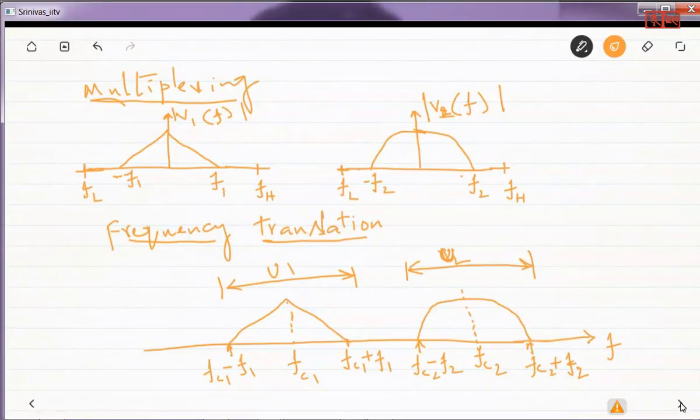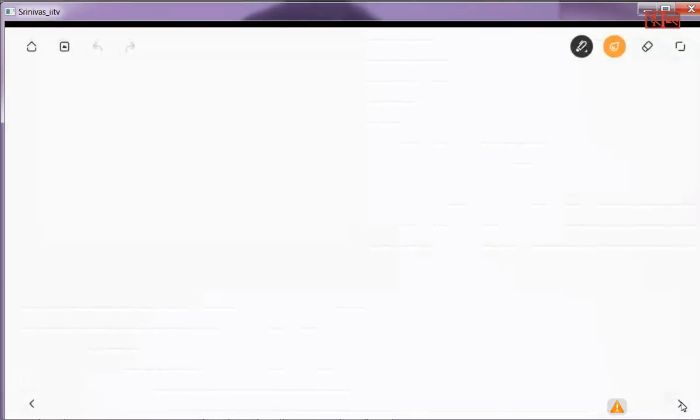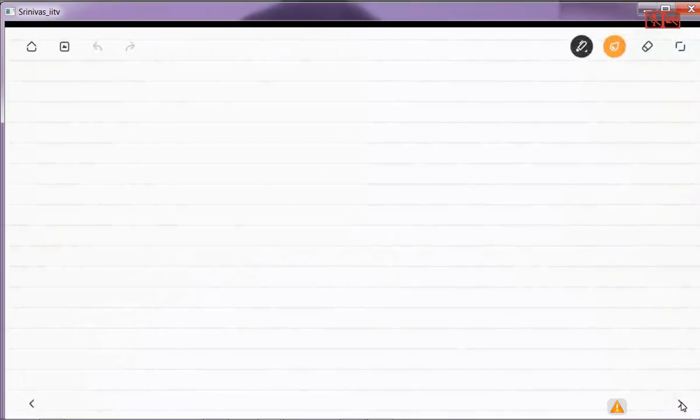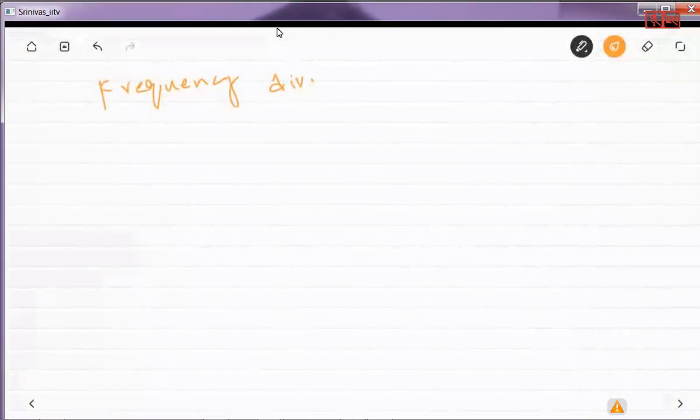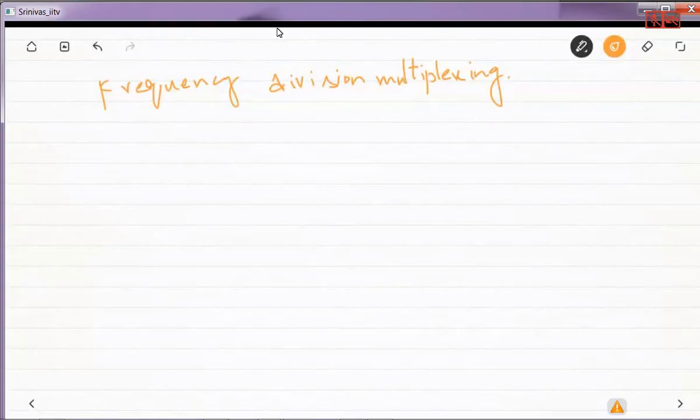Let me write that. So this is frequency division multiplexing.